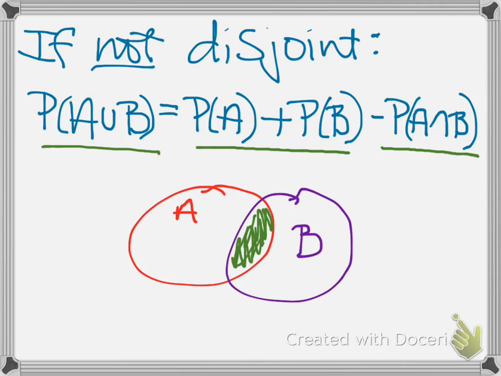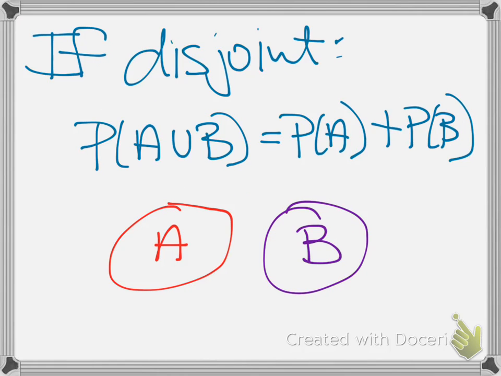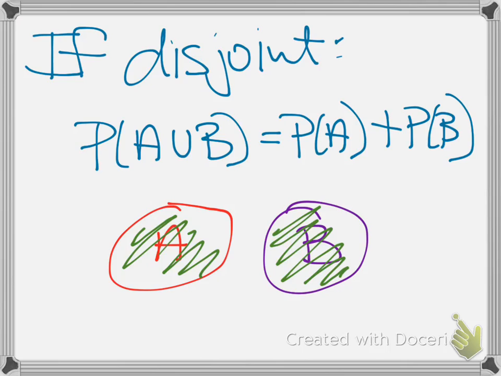I'm going to go back to the last slide for a second. Before, when the events were disjoint and there was no overlap, of course it would make sense that we would just add the two probabilities together because this represents part of the overall event, the union of the events that we're interested in, and this area represents the other part.